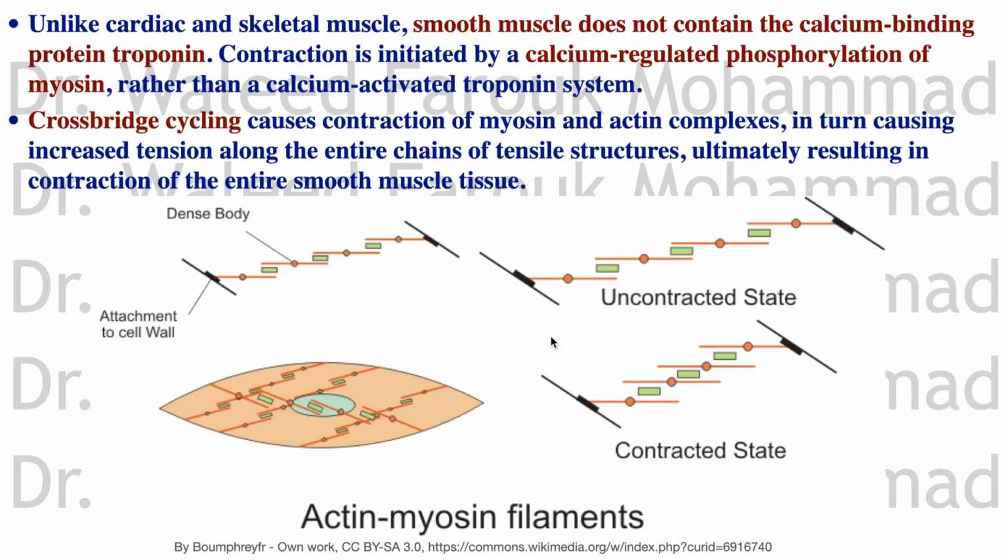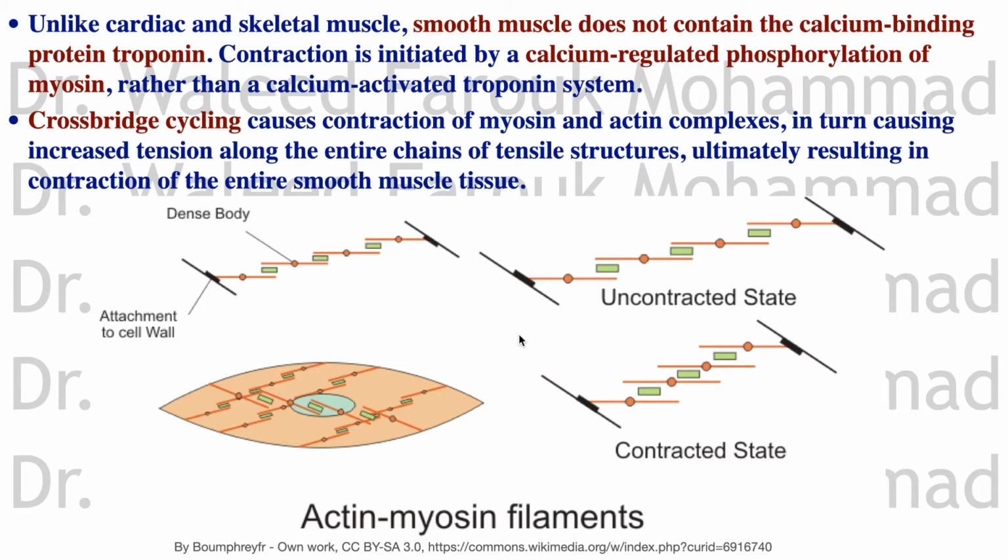Smooth muscles don't contain the calcium binding protein troponin. In other muscles, the calcium binds to a protein called troponin that leads to contraction. But in smooth muscles, there is no troponin.